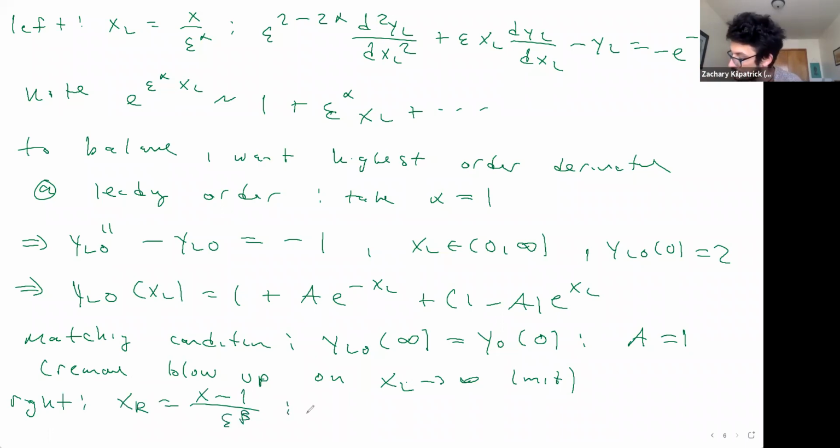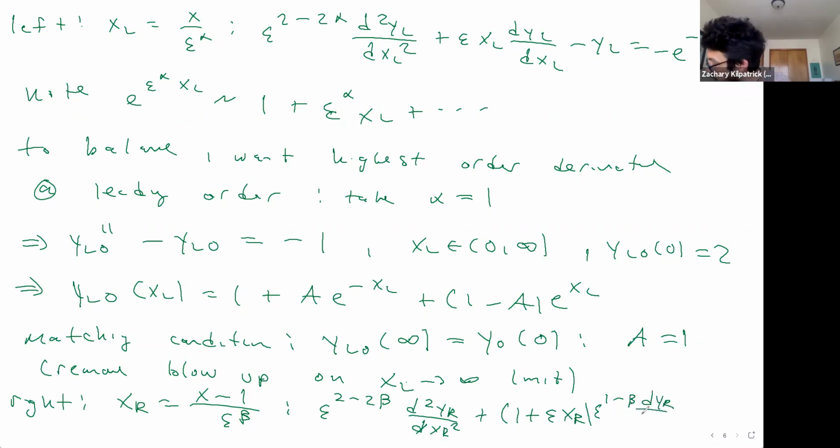I'm going to look at my expansion again: epsilon to the minus 2 minus 2 beta, d2yr over dxr squared, plus 1 plus epsilon xr, epsilon to the 1 minus beta now, that's going to show up, dyr dxr, minus yr is equal to minus e to the 1 plus epsilon beta xr.